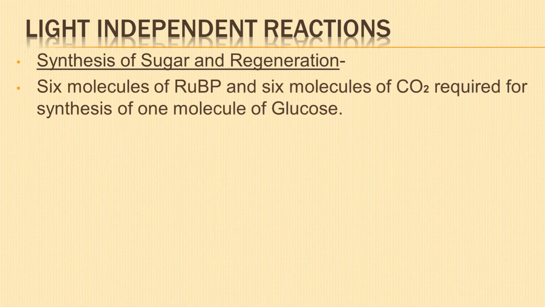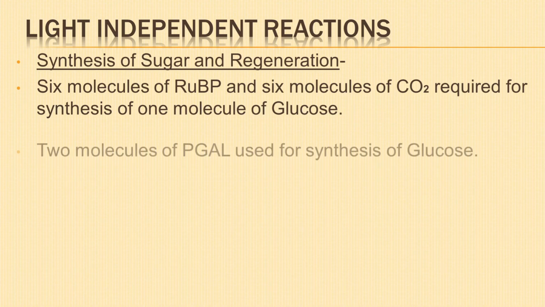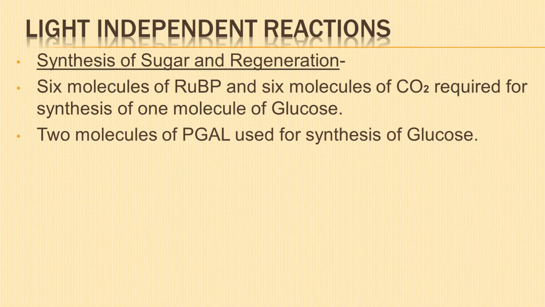Next, synthesis of sugar and regeneration. 6 molecules of RuBP and 6 molecules of carbon dioxide are required for the synthesis of 1 molecule of glucose. Out of 12 molecules of PGAL, 2 molecules are used for the synthesis of glucose.